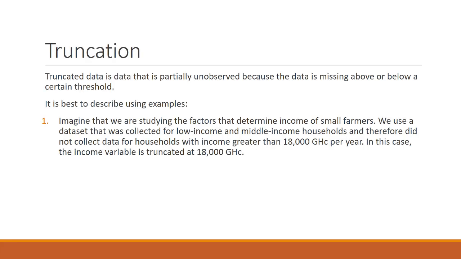Truncated data. We're going to talk about truncation. You'll see that there are going to be some similarities here between truncation and censored data, like we talked about in the last lecture. If you remember, censored data was where we were missing information from our data set because our data was constrained by some maximum or some minimum value.